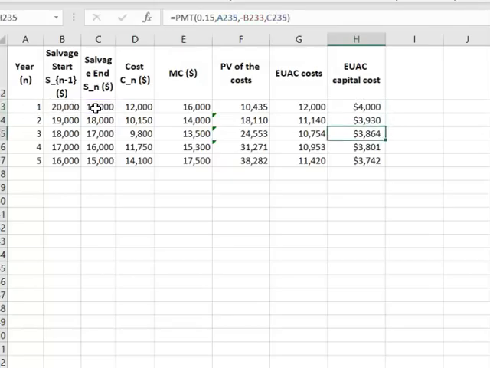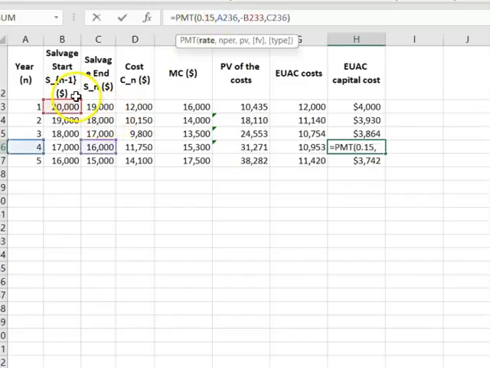For another example, let's go for year 4. In this case, we want to keep the machine for 4 years. When you want to keep the machine for 4 years, the value of the machine now is $20,000. It is the value of the machine now.